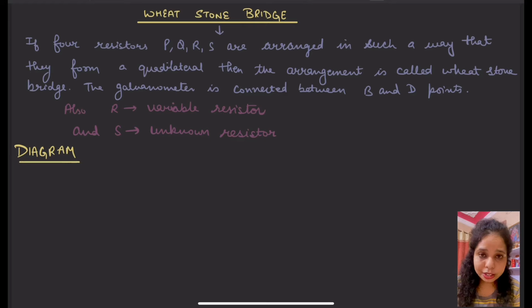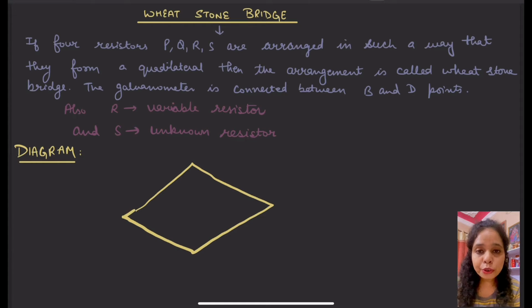So in order to understand the arrangement, we need to understand the diagram. So let us consider the diagram and we will form the 4 arms of a quadrilateral. Now we need to put the resistors in all these 4 arms.